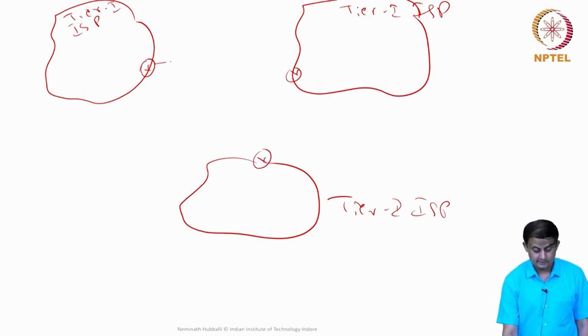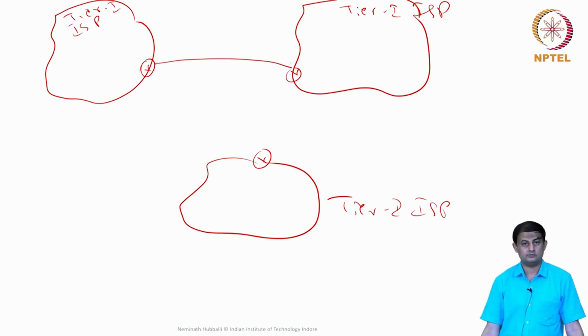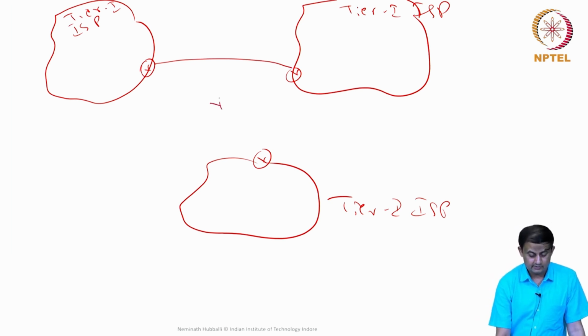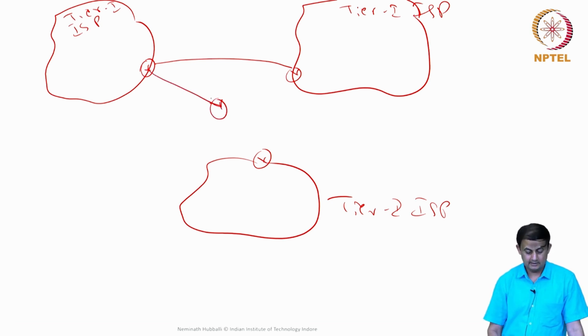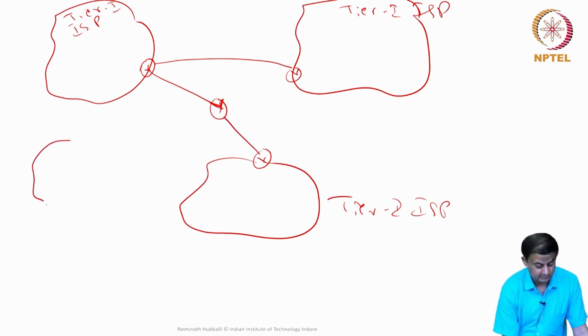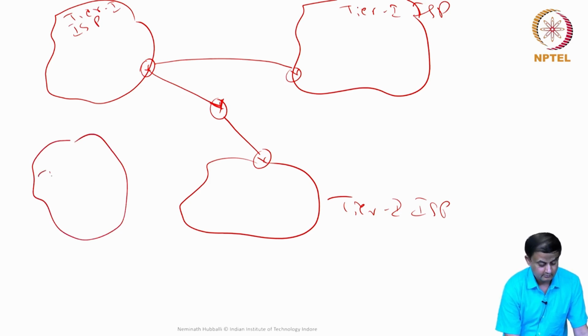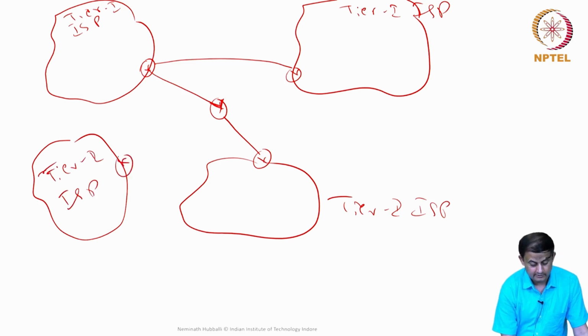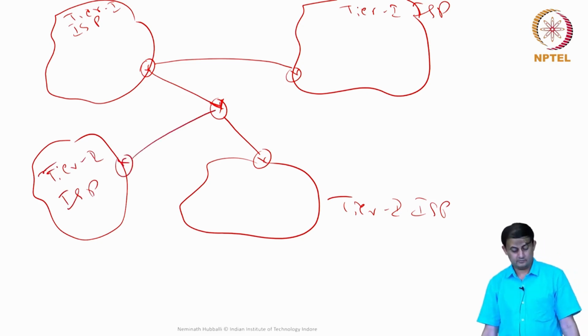Either these tier 1 ISPs themselves are interconnected through a link, or they might go to a third party and terminate their network links at these third party locations. So for example, in between there is a router, or if there is a third ISP which is again a tier 1 ISP, he might bring his own link and terminate into one.